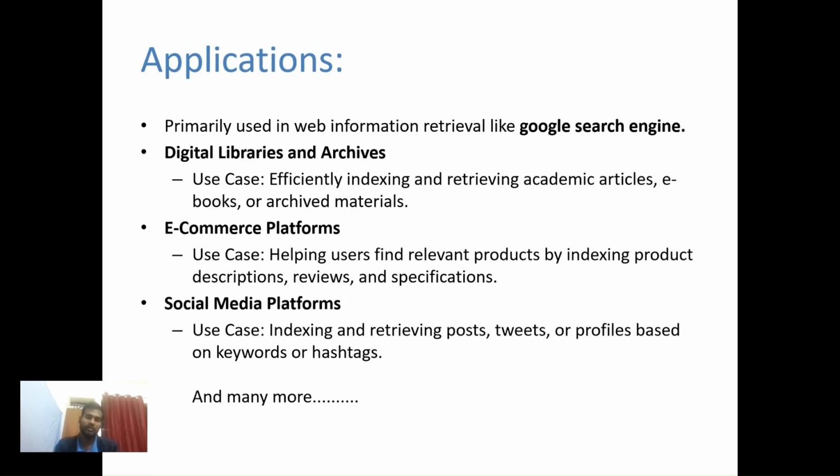It is also used in e-commerce platforms, where they fetch the description, reviews, and specification for a particular product query. And in social media platforms, we also use searching for hashtags and profile names. So there also this information retrieval system is used, and these are just primary uses, and there are many more uses where we search a query and see the corresponding documents for that.